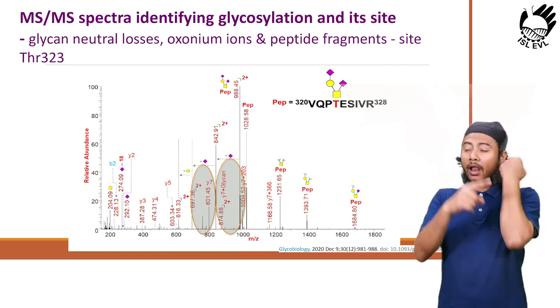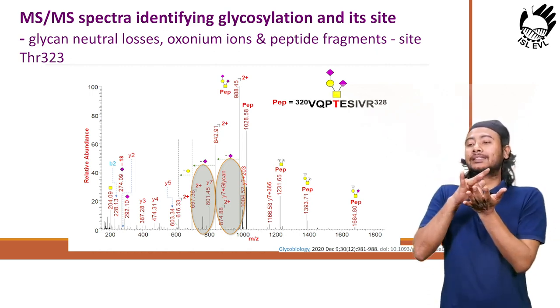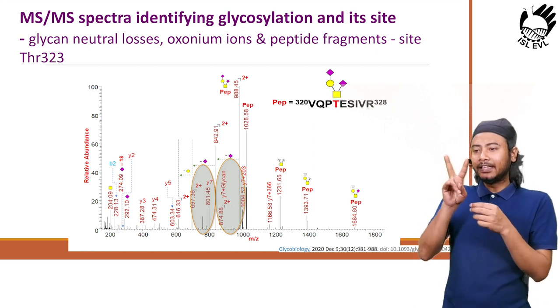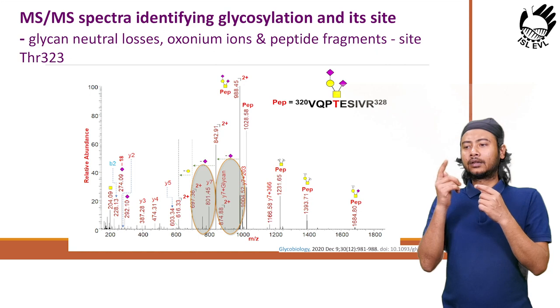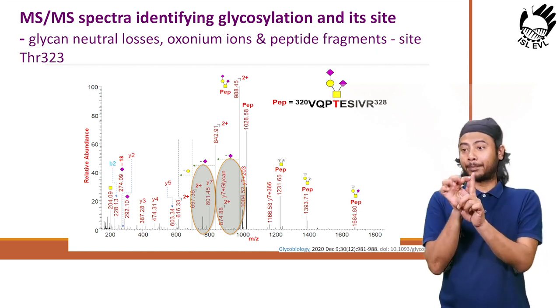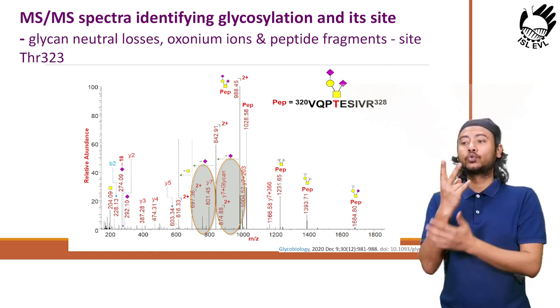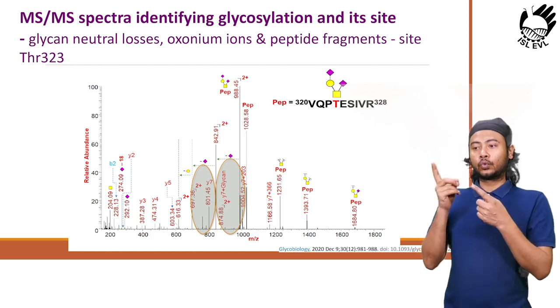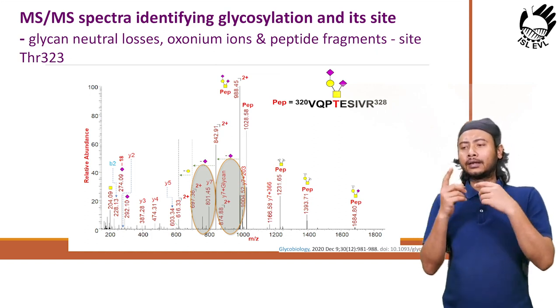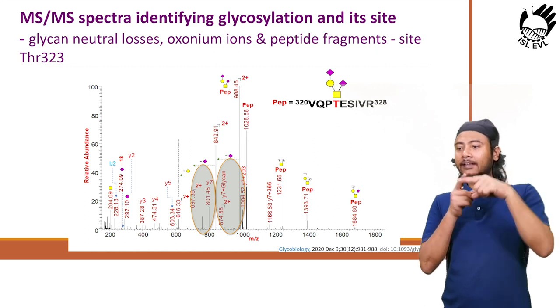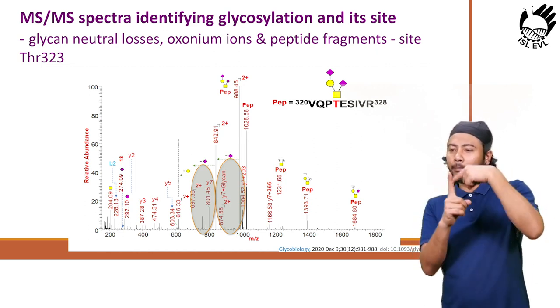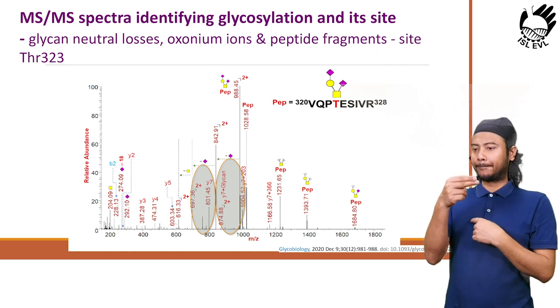And the final information is about the site of glycosylation. So for example, in this peptide VQPTES, there are two possible locations of O glycosylation. We could conclude in this case that the glycosylation happened on the position T by obtaining this fragment Y7 plus glycan.